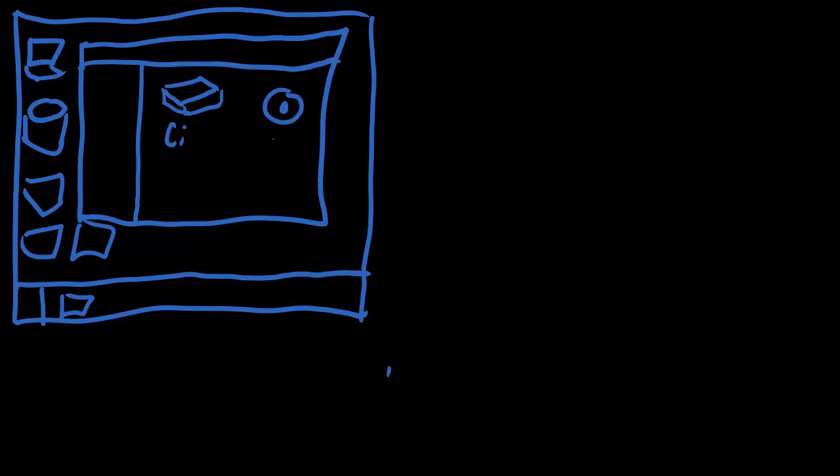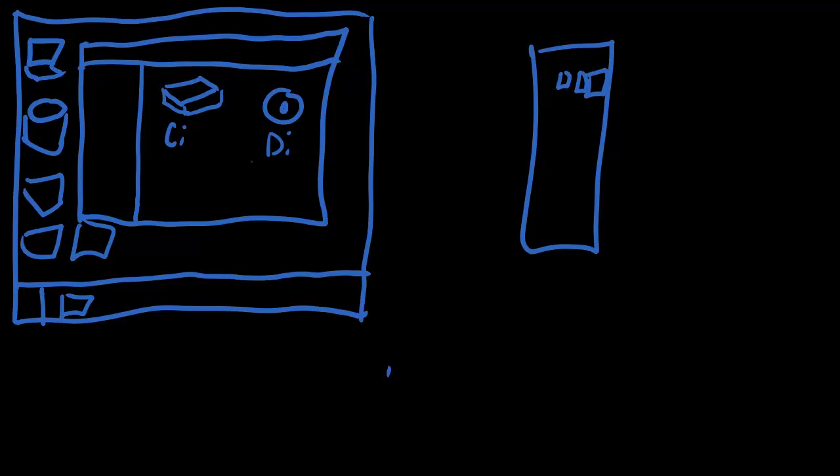Maybe possibly a D. If you plug a USB key or drive into your actual computer, right? Get these slots in the front. If you plug something in there, another letter should show up that says, oh hey, we've got a removable disk.